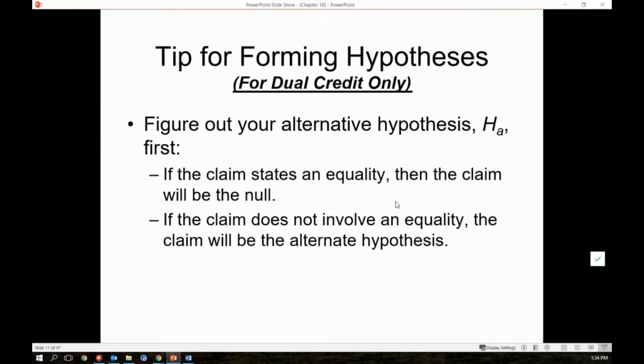The mean is less than 12,000. The null would be the complete opposite. If it's not less than, it has to be greater than or equal to. So start with the alternative, and then once you get that, just take the opposite for the null.